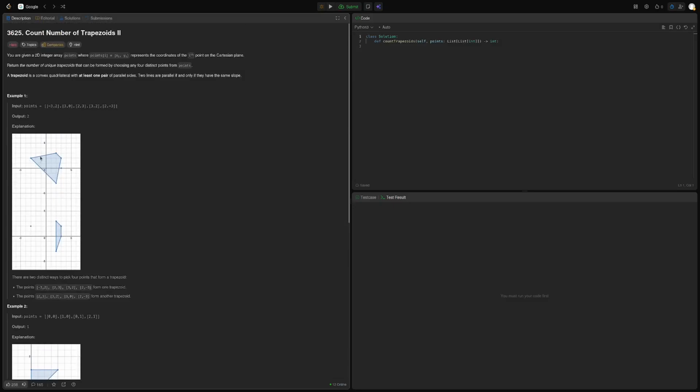Well, we go through all pairs of points and get their slope, right? And store the slope as, I don't know, like a vector, which we can normalize by reducing it, divided by the GCD.